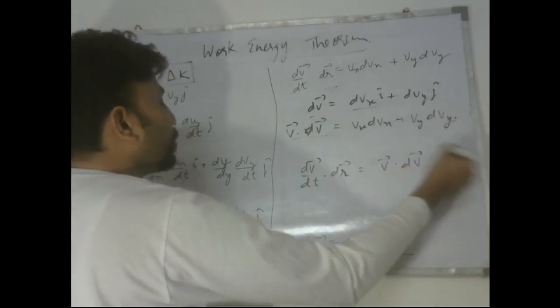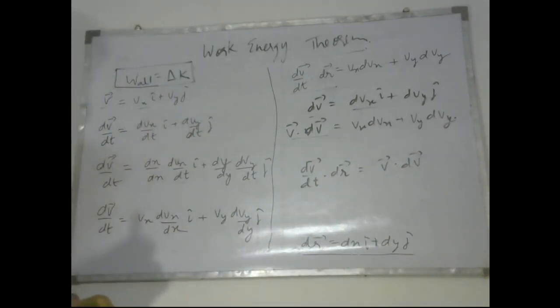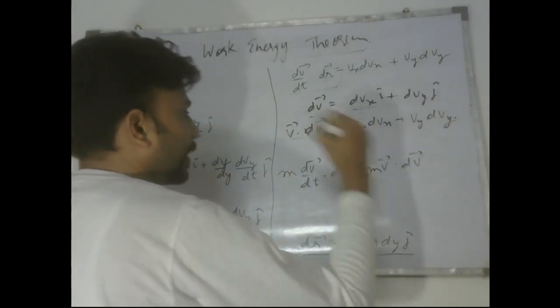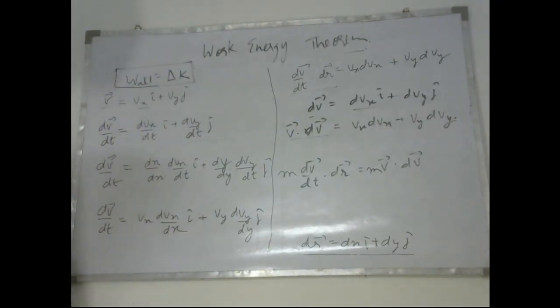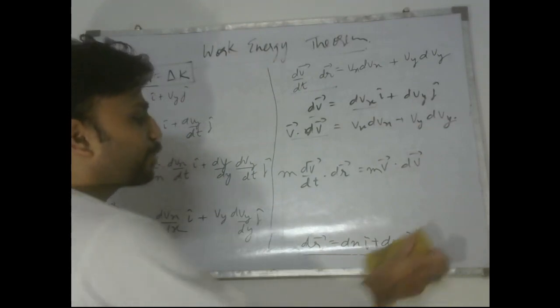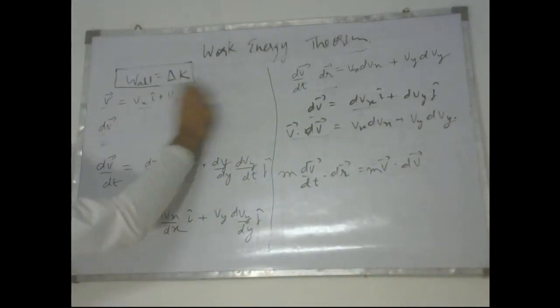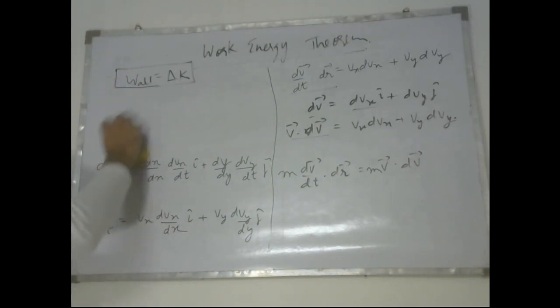Now what we are trying to do here actually, as you will notice, let us simply multiply the expression of mass here in LHS and RHS. Now you will get what we are trying to do. Before that it was not exactly making sense how this is all related to work done.